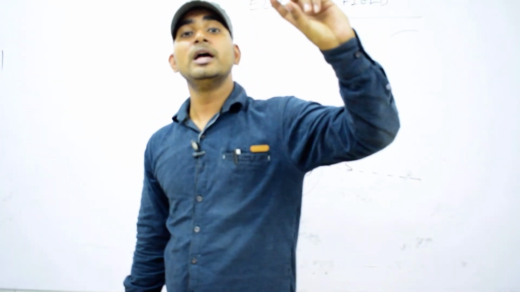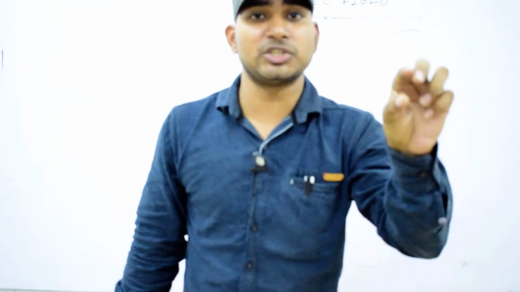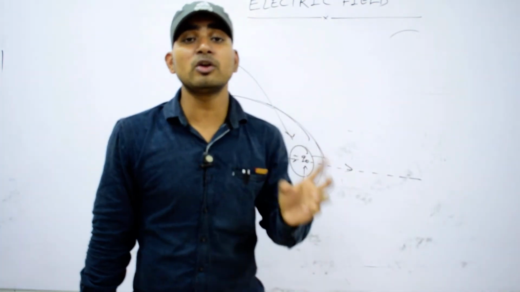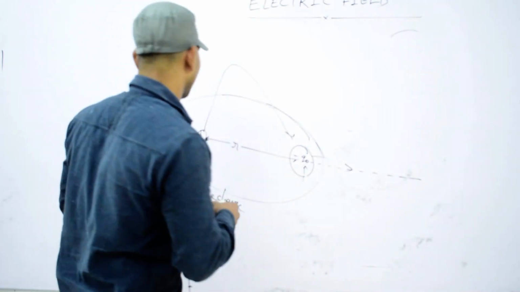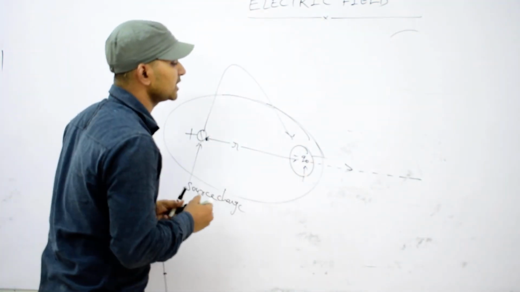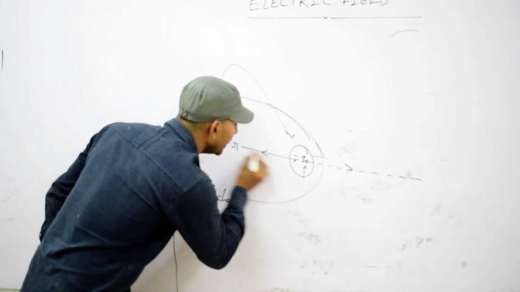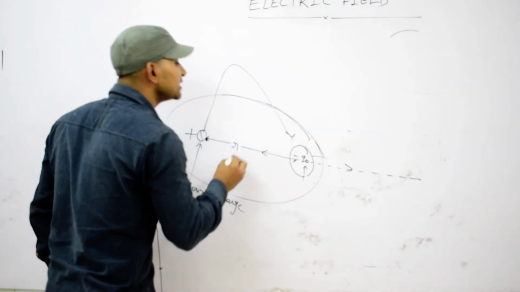The source charge just acts on the test charge. So whatever the attraction or repulsion, it will be experienced by the test charge, and according to that we give the direction of the electric field. If the positive and negative charges are there, then the charge will attract along the central line. So these are the basic things.